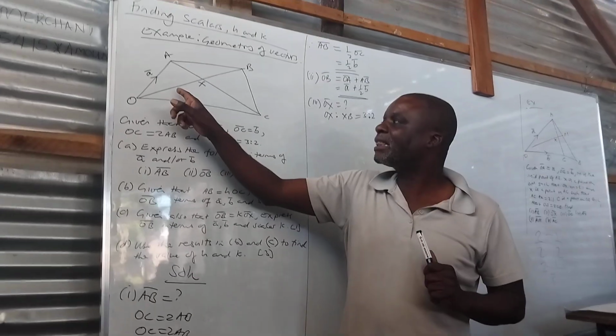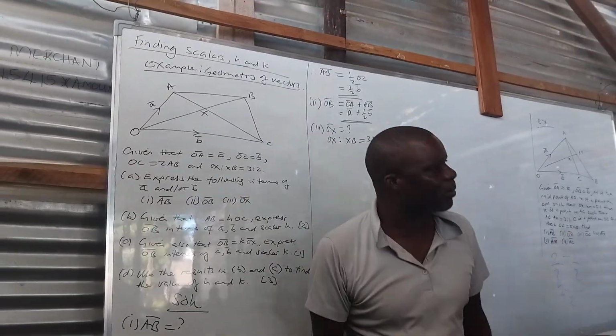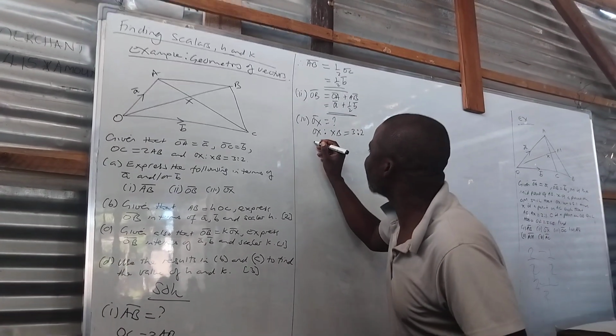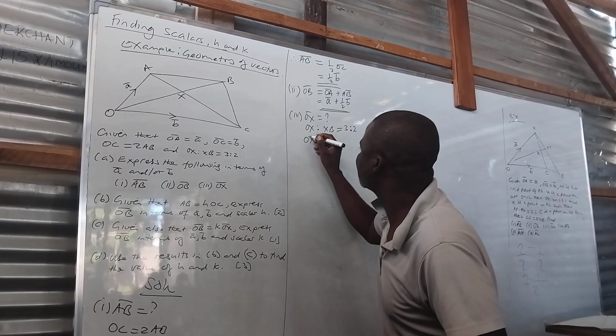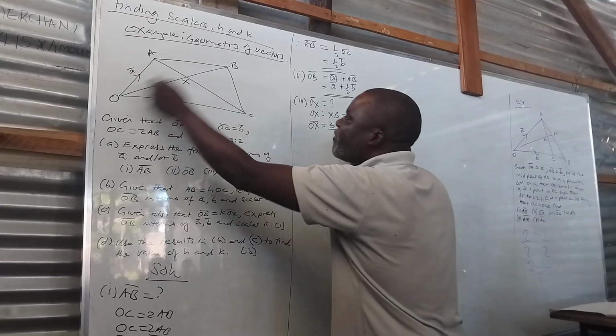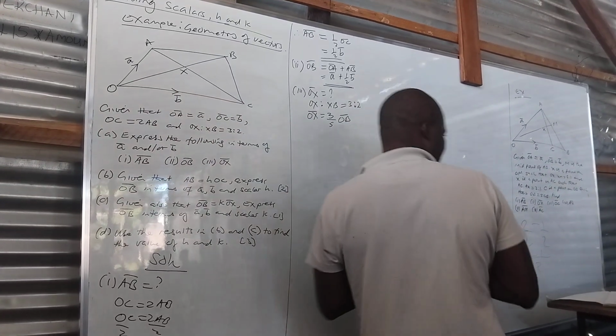So OX is 3 parts out of the 5 parts of the whole line OB.